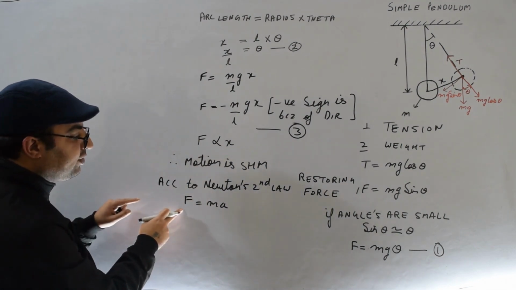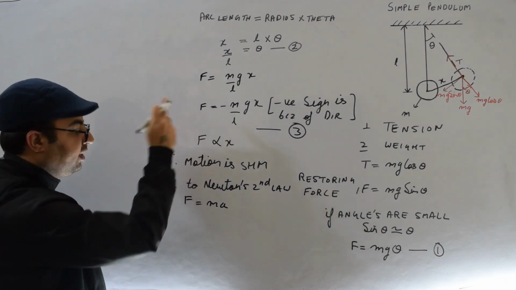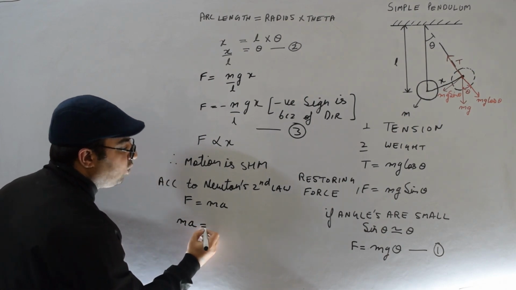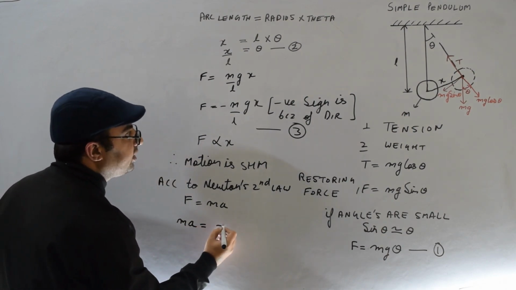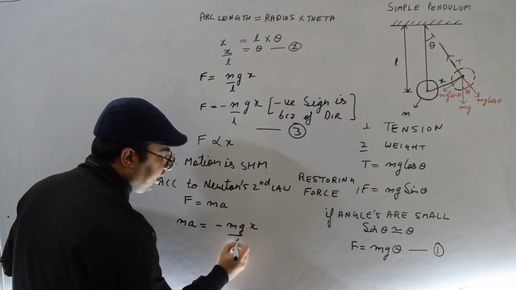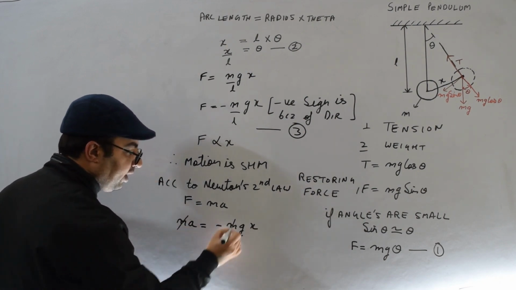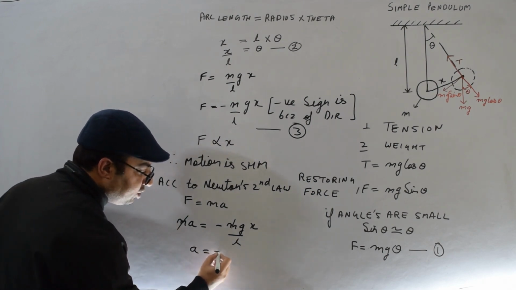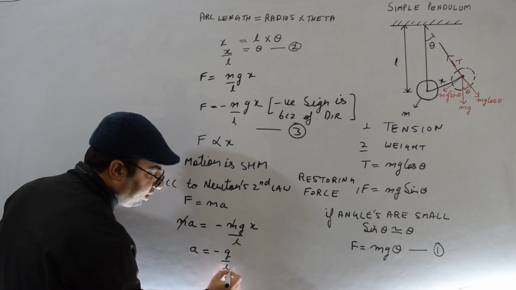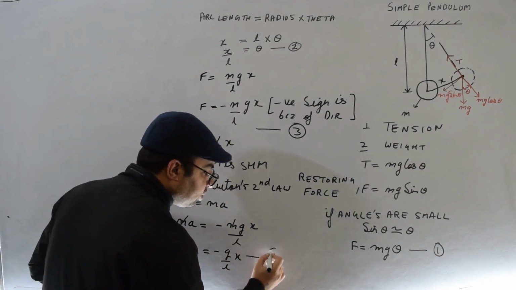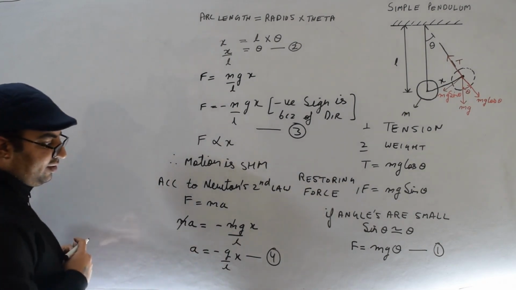Now putting the value of this force in equation number 3, we will be getting ma is equal to minus mgx upon L. From this, m to m will get cancelled out, and we will be getting acceleration is equal to minus g upon L into x. Let me mark this equation as equation number 4.